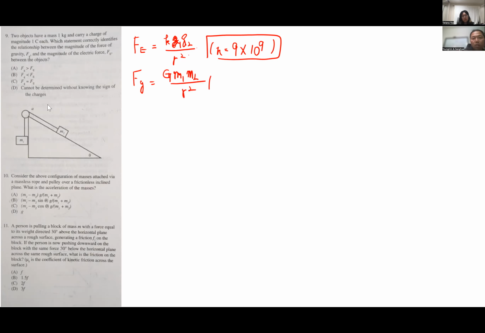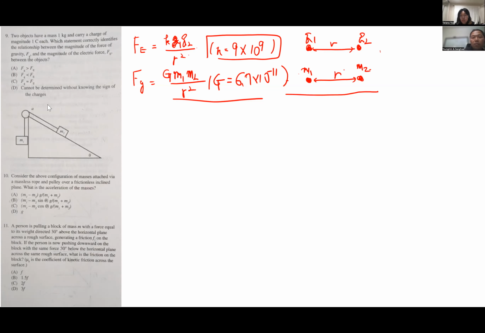Here G is 6.7 times 10 to the minus 11. So this is the case of two charges separated by distance R, and the gravitational force has a similar configuration, two masses separated by distance R.